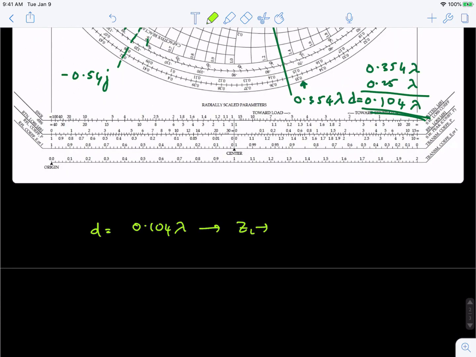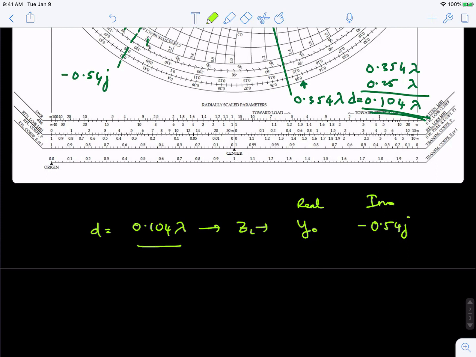So we know that when the first transmission line D equal to 0.104 lambda is added to the load, we get the real part equal to y naught, but the imaginary part has a component which is equal to minus 0.54 j.